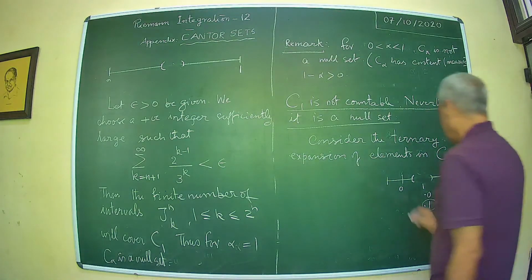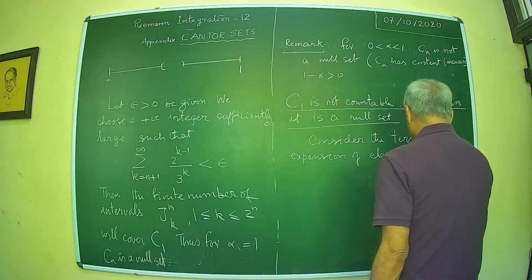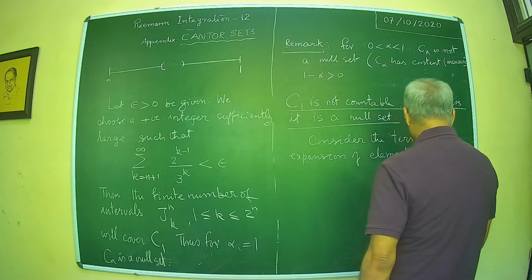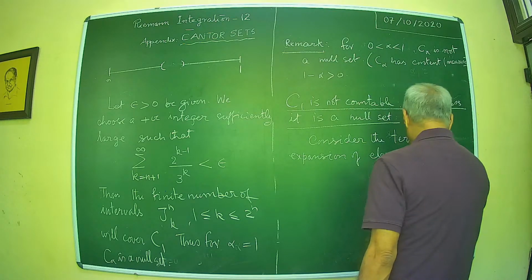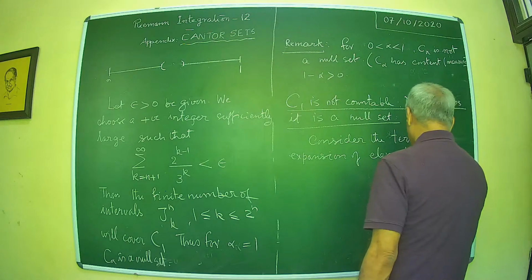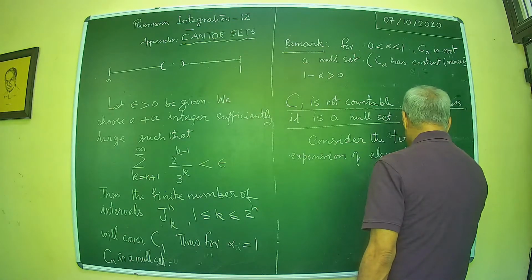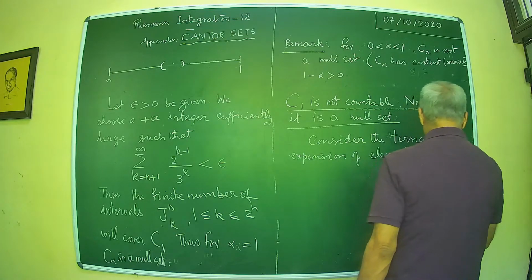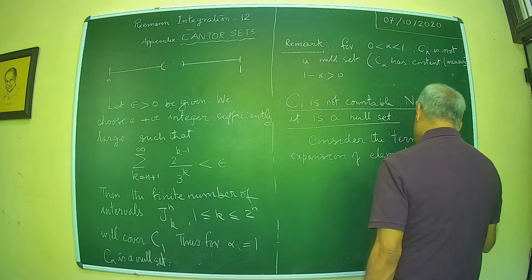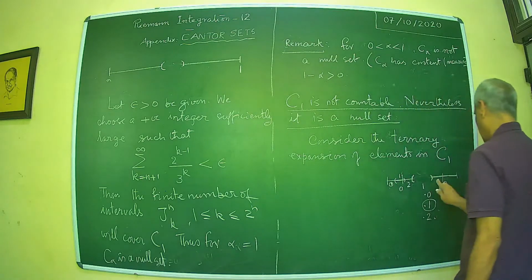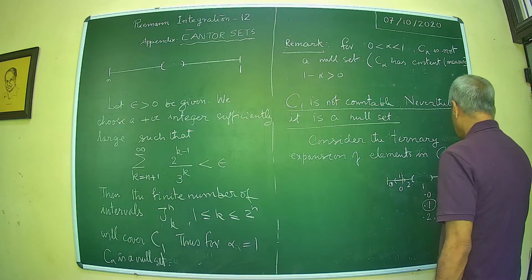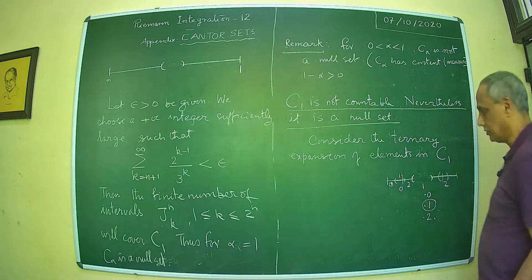And you do the same thing and remove the middle one third. So you go to the next ternary expansion. On this part, if it is here, then it is 0; if it is here, it is 1; if it is here, it is 2. Therefore, you get either 0,0 or 0,2. And coming to here, it will be 2,0 and 2,2.